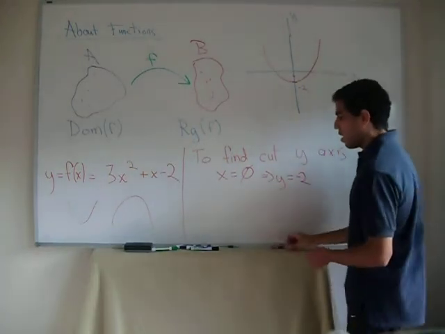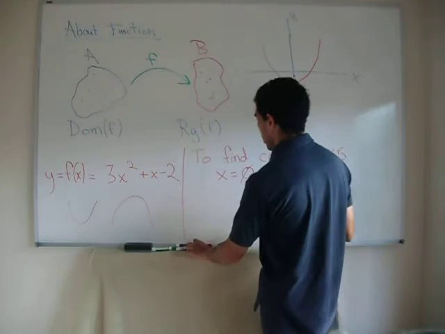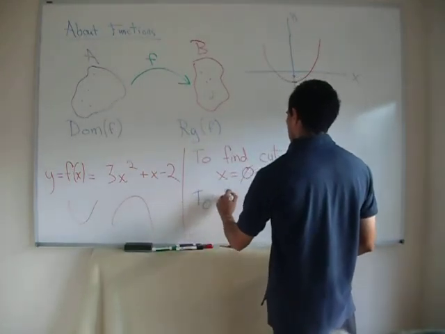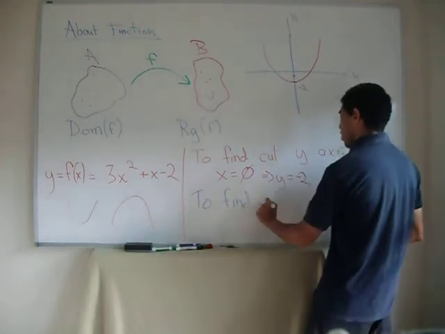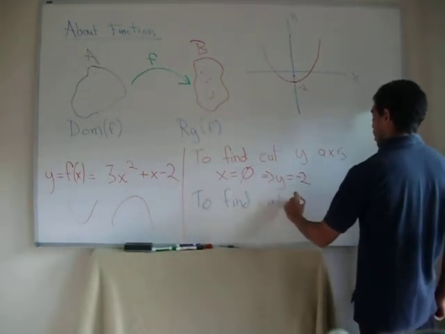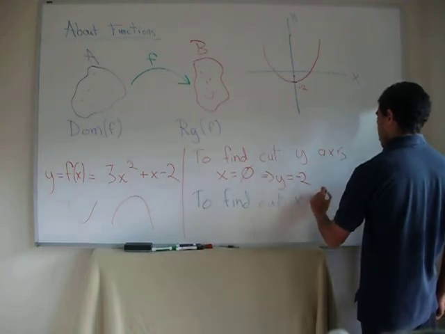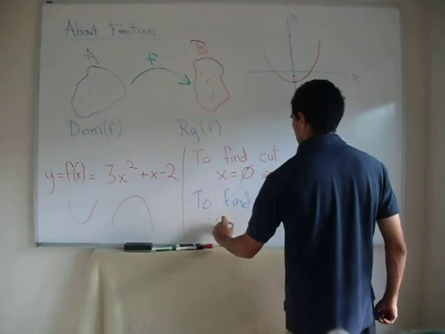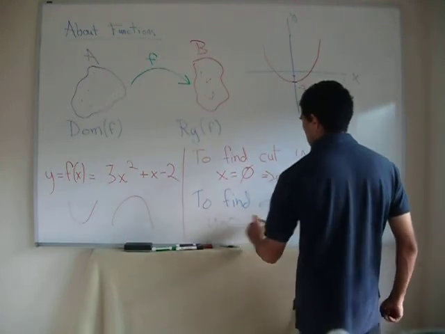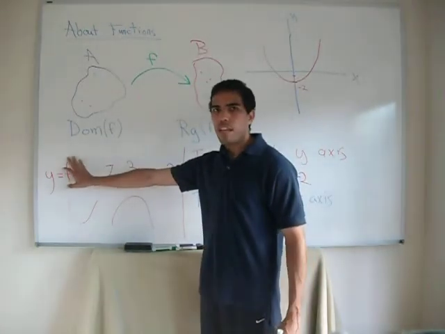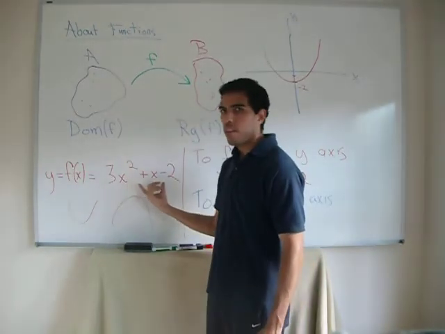So again, to find the cut or the intercept with the x-axis, all we have to do is set y equals 0. In this case, that means that we have to solve the quadratic equation.